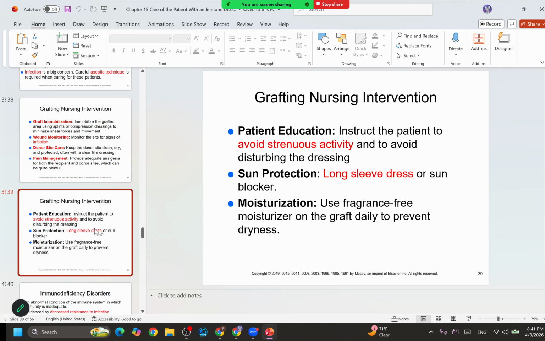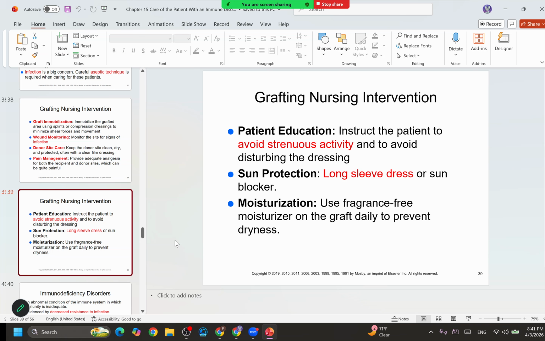And sun protection. So when we have this donating site layer, either the donor site or the patient's wound site, the surgical site, the new skin or new grafting is growing, so you don't want it exposed directly to the sun. Because of the sun, sometimes the temperature is hot, or there is the sun's ultraviolet.